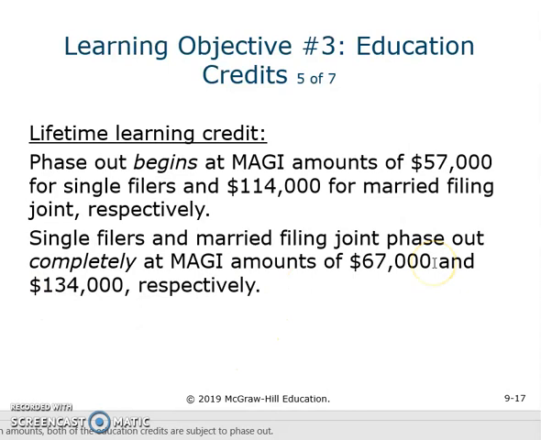The Lifetime Learning Tax Credit phase out begins at $57,000 for single filers, phases out completely at $67,000 for single filers, and begins at $114,000 for married filing jointly and ends at $134,000 for married filing jointly.